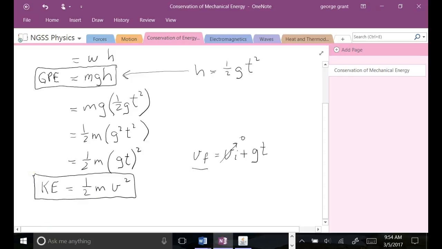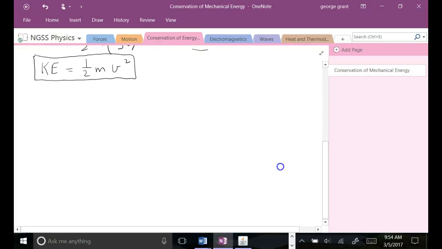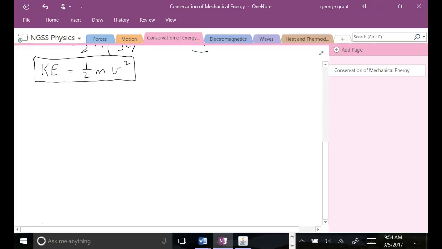Okay, so we've got gravitational potential energy, we've got kinetic energy now, and of course up above we derived this all from work, which is also energy. We generally call it work when energy is put into something or taken out of something. Okay, so work is kind of energy in transition. So that brings us to energy conservation, which says that energy is neither created nor destroyed, but it can move around from form to form.